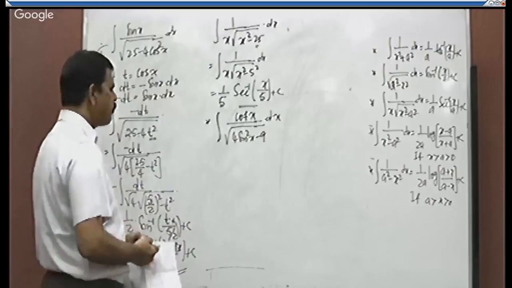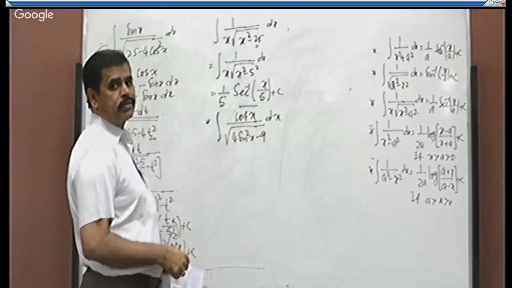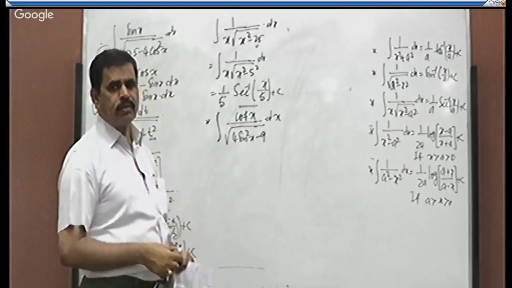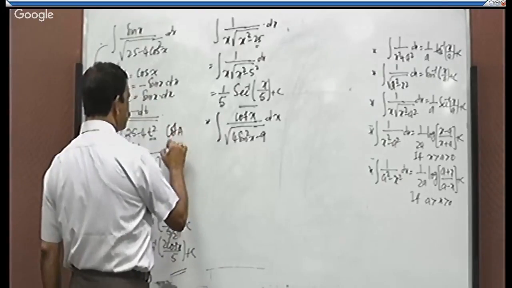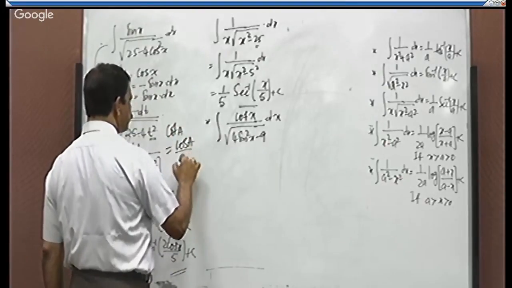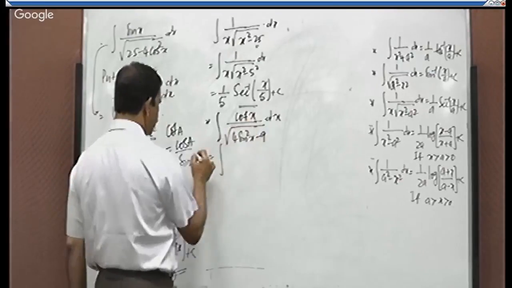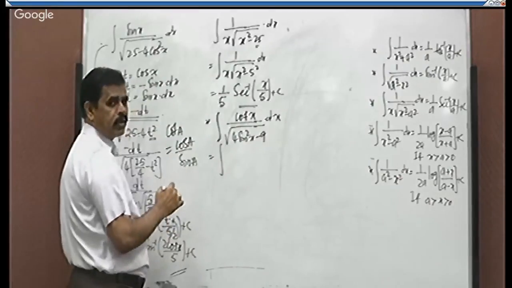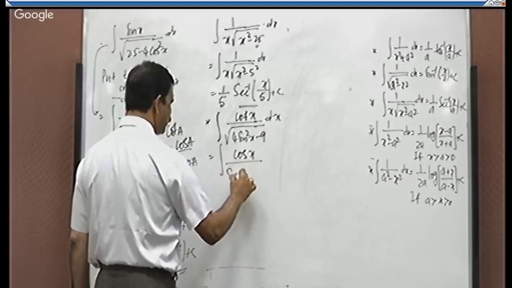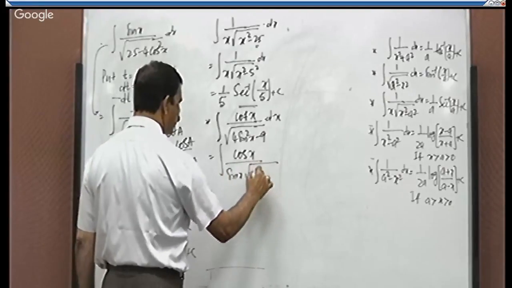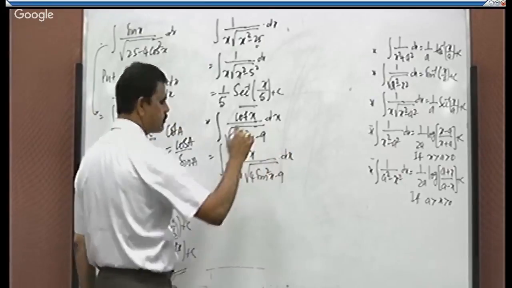As I mentioned, where there is a sine, there will be a cos. But here it is cot x. Can you change that cot into sine and cos? We have a formula: cot A is equal to cos A divided by sine A, right? So that is cos x divided by sine x into root of 4 sine square x minus 9 into dx.